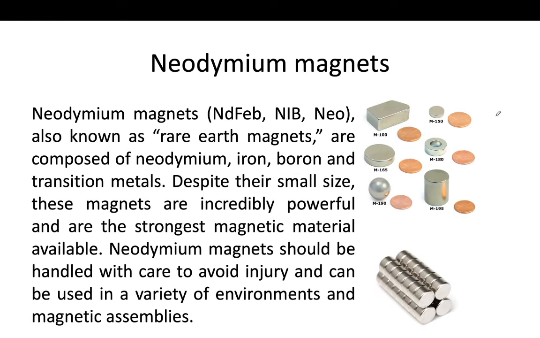Next, neodymium magnets. As you can see in the picture, they are very small in size, and they are mostly composed of neodymium, iron, boron, and other metals. So what are the applications of these?